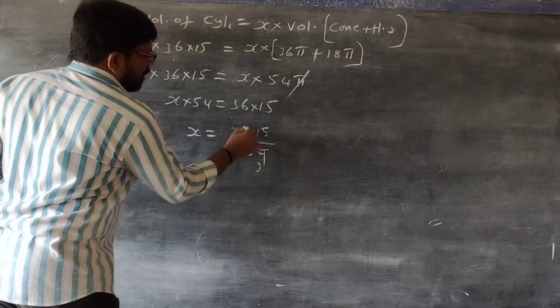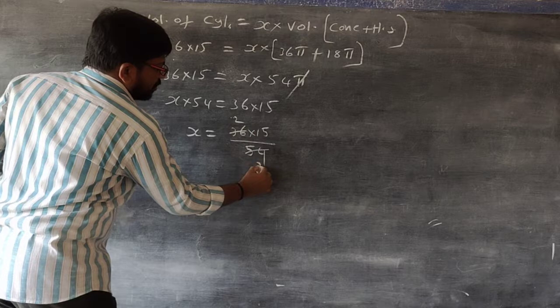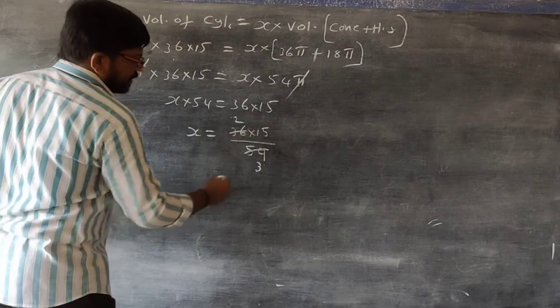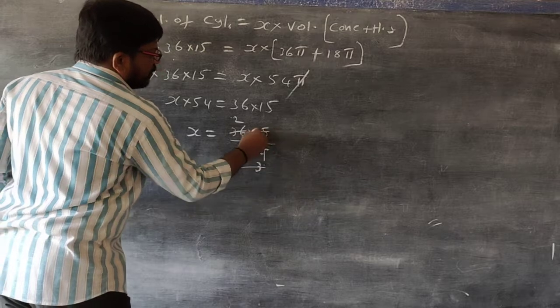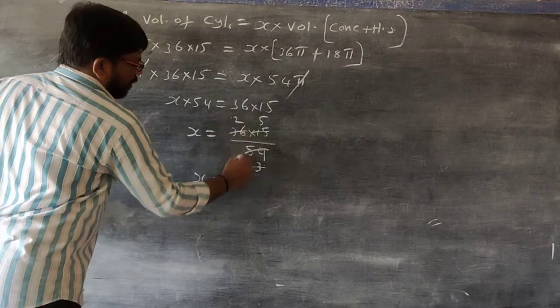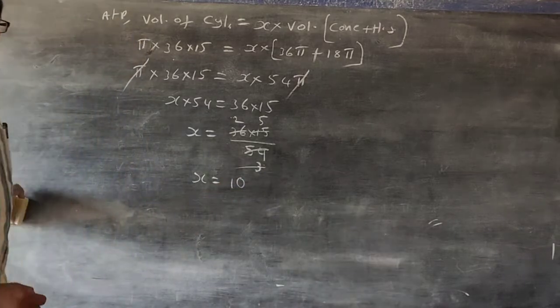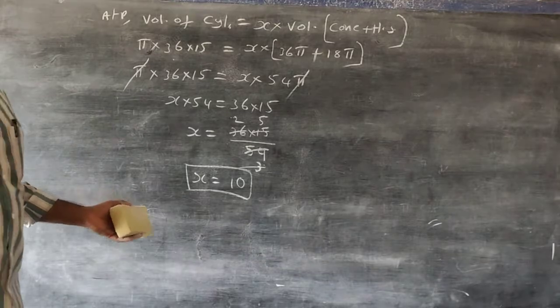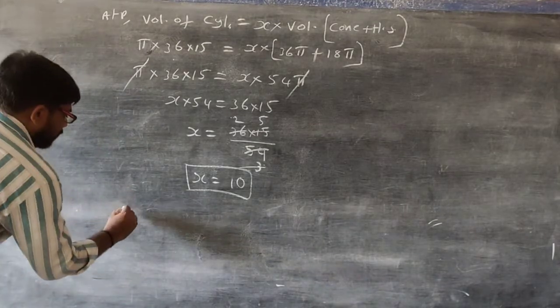18 threes are 54, 18 twos are 36, and 3 ones are 3, 3 fives are 15. So X equal to 2 into 5, 2 fives are 10. So X equal to 10. Here X is the number of cone ice creams, right?